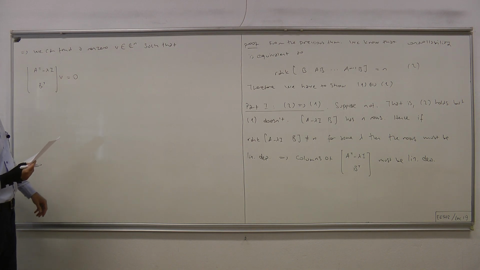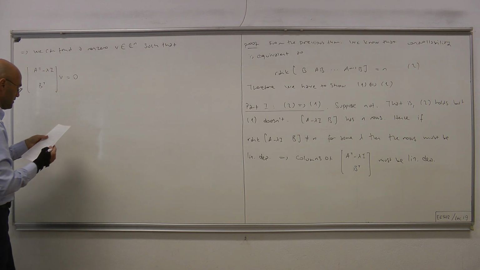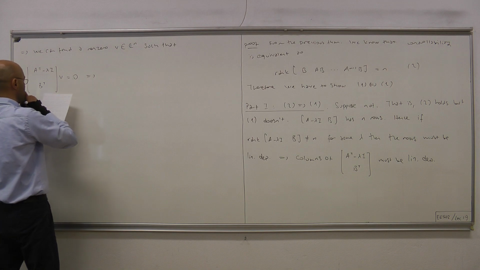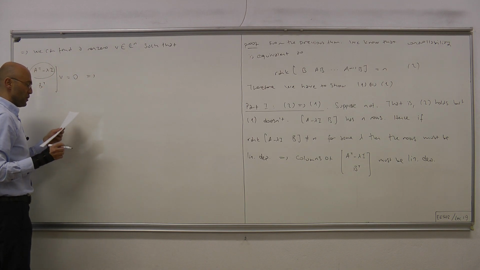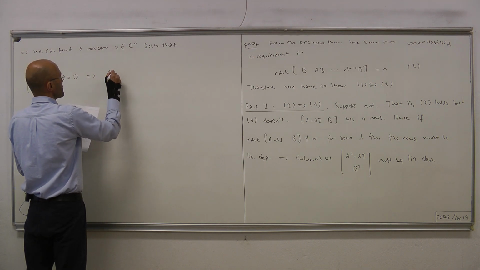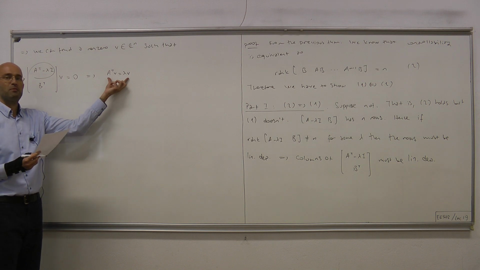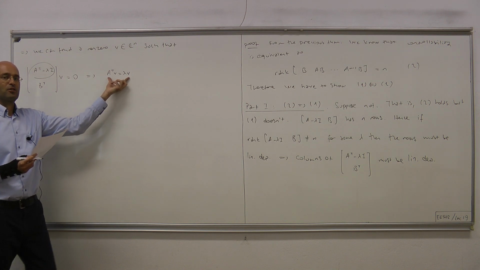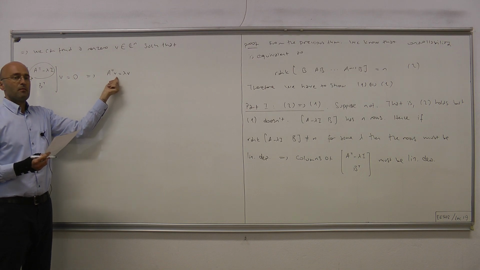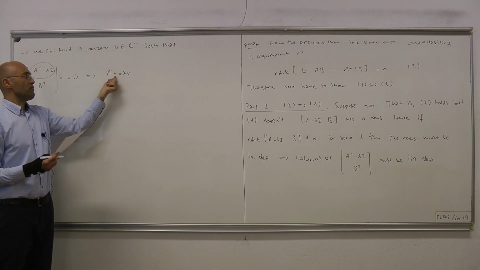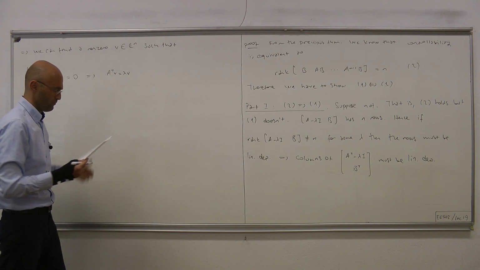Now let's figure out the implications of this equality. So that implies that this times V equals 0, and that can be written as A transpose V equals lambda V. Now this becomes the eigenvalue, eigenvector equation, where V, since it's non-zero, appears as an eigenvector of the matrix A transpose.